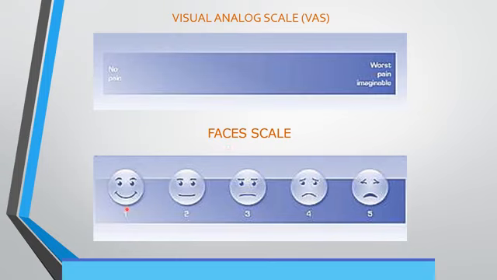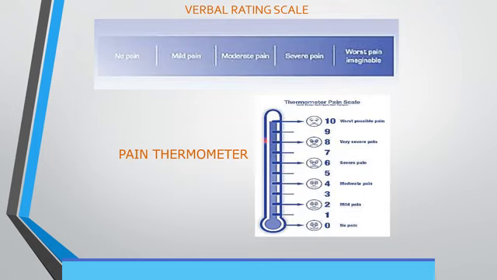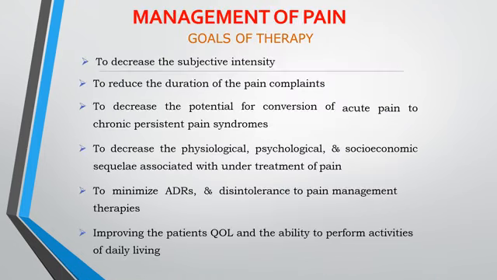And the faces scale, that is depending on the facial expression, from a smiling face to a sad face. And the verbal rating scale, again no pain to worst pain. And then the pain thermometer, where expressions, numbering and the verbal ratings are all combined.